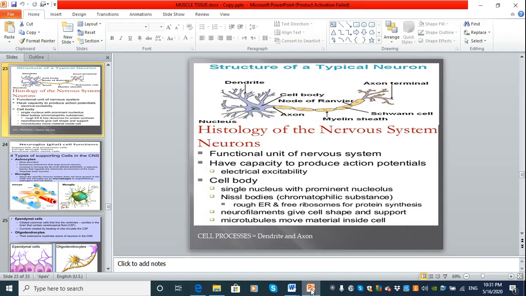Neurofilaments give the cell shape and support, and microtubules move material inside the cell. Then we have the axon, a very long tube that ends in the axon terminal. You will see on the next slide the myelin sheath or unmyelinated axon. The cell processes are dendrites and an axon.